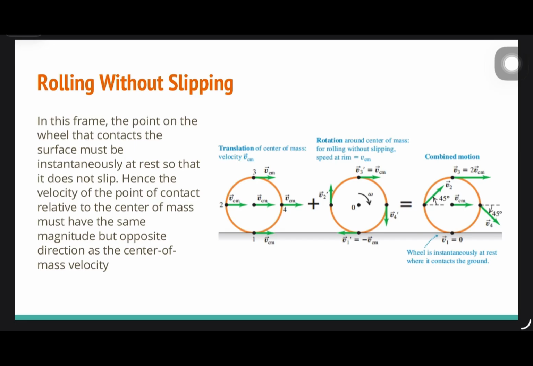So, every point in the rigid body has two contributions to velocity. So, yung velocity po ng translational motion and the velocity due to rotation.